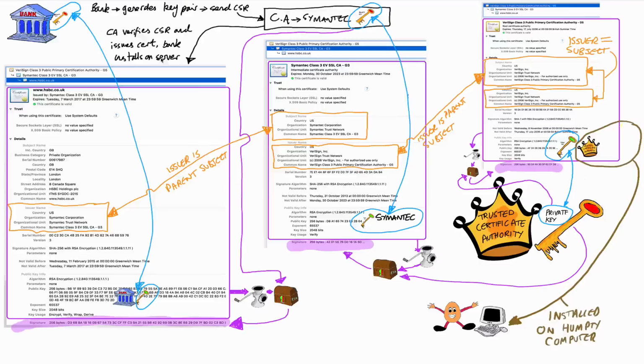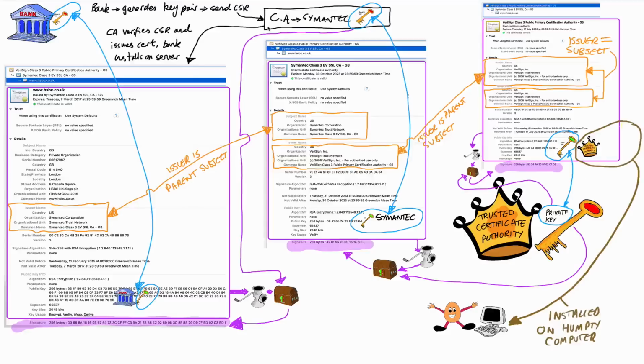That effectively is the SSL certificate they've acquired, and they've had to pay Symantec some money for this service. What they now have is an SSL certificate, a document that contains their own HSBC public key, signed by another authority. It's a bit like taking a document and getting it signed by a trusted witness.